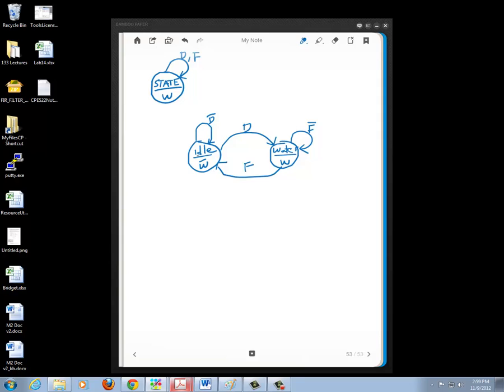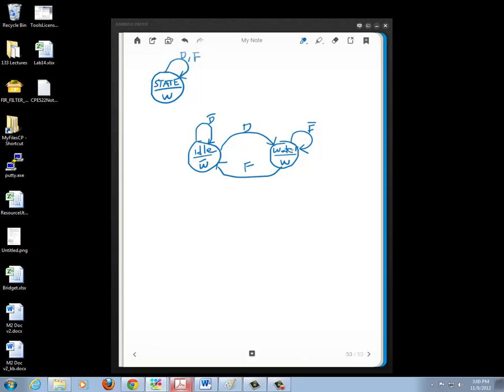We don't care what it is because we're not watering anything, so there's no way that the water level could be rising since we're not turning on the water. This is, of course, assuming there's no rain, which is going to maybe affect your level. But anyway, picture this as an indoor plant. So the F is a don't care, therefore we've taken care of all possible input combinations because we're only going to care about D, and we said what would happen if D is a not or D is a 0 or D is a 1.